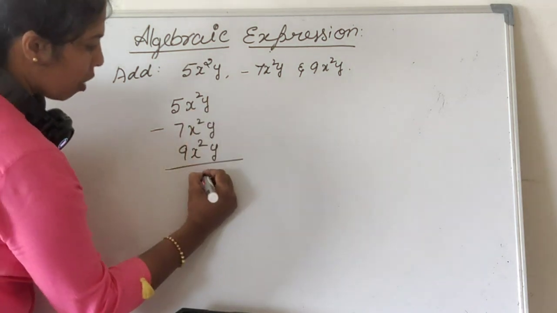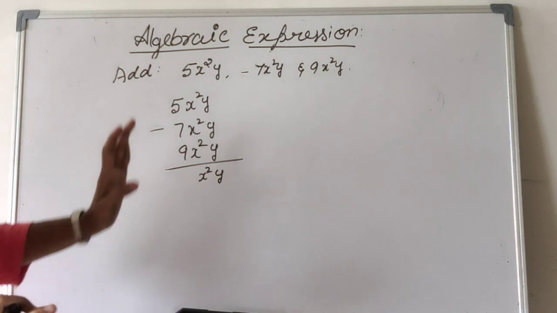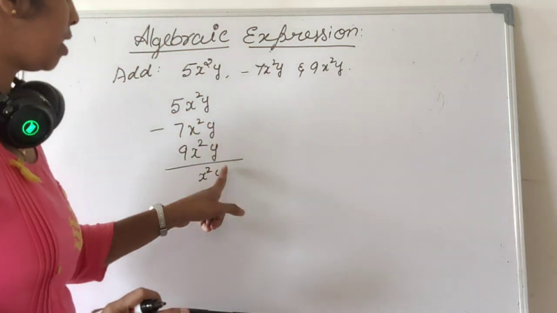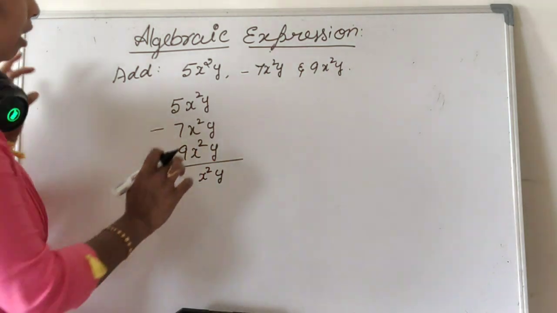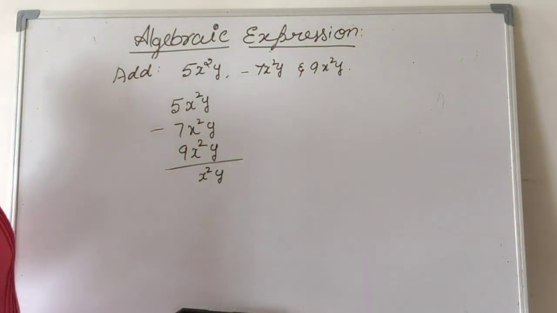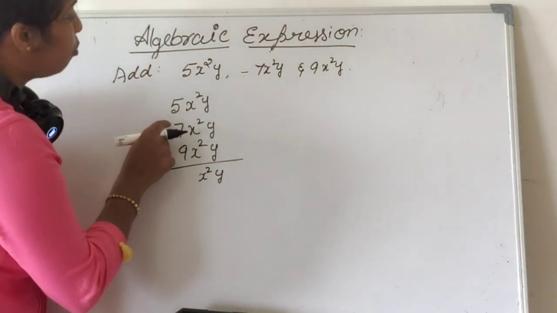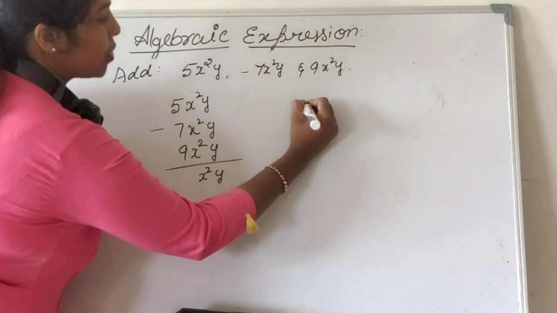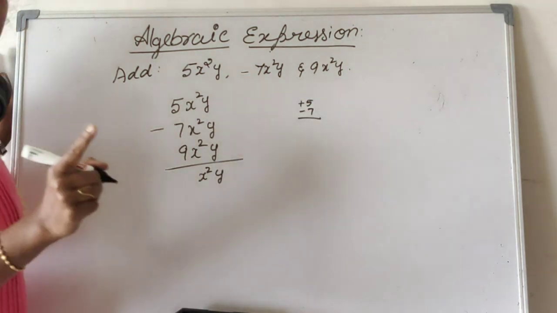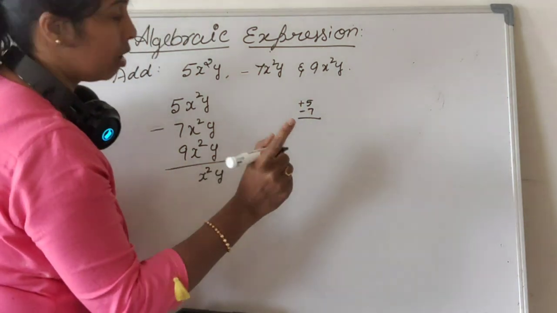Okay, now see, don't add or subtract the variables as they are. For that reason I am saying the variables must be same while adding and subtracting. x square y, x square y, x square y. Yes, these are same. Now be careful while adding and subtracting. 5 minus 7: plus 5, minus 7. Means we have to subtract the terms.